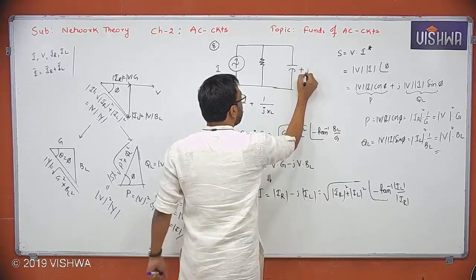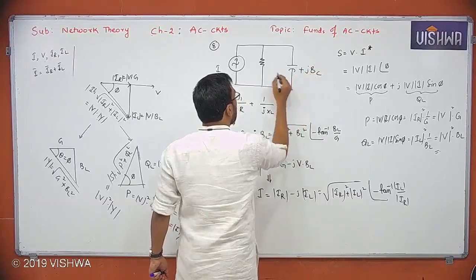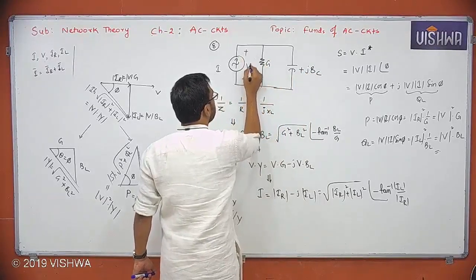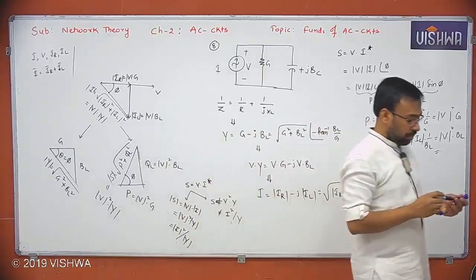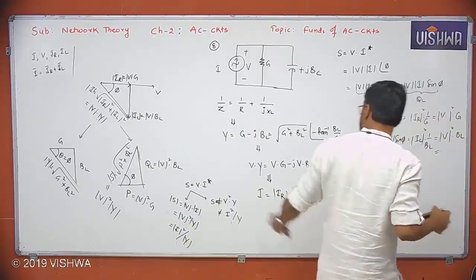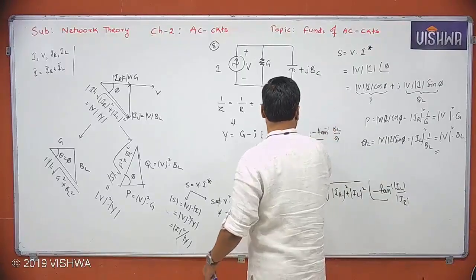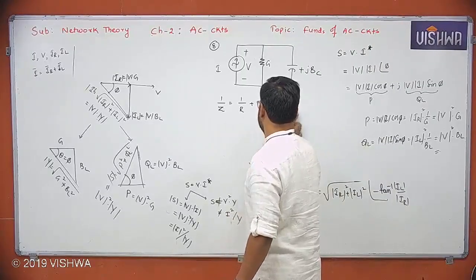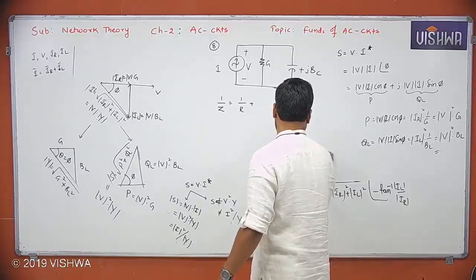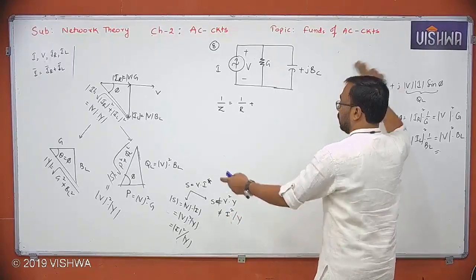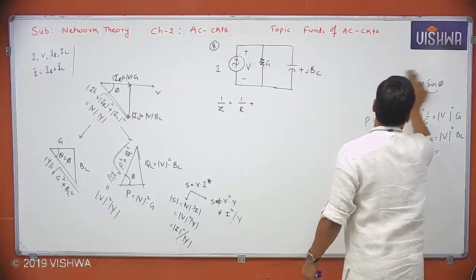This is plus JBC because I'm taking now RC plus minus. Okay, note down that quickly. Meanwhile, I just take this off. Finish that, all of you.